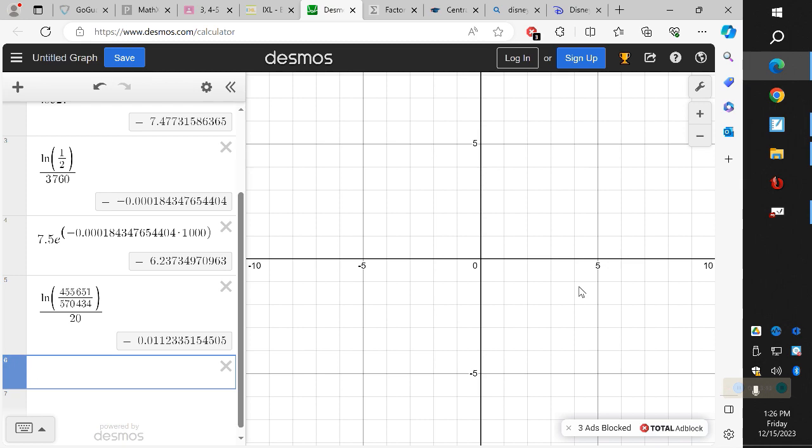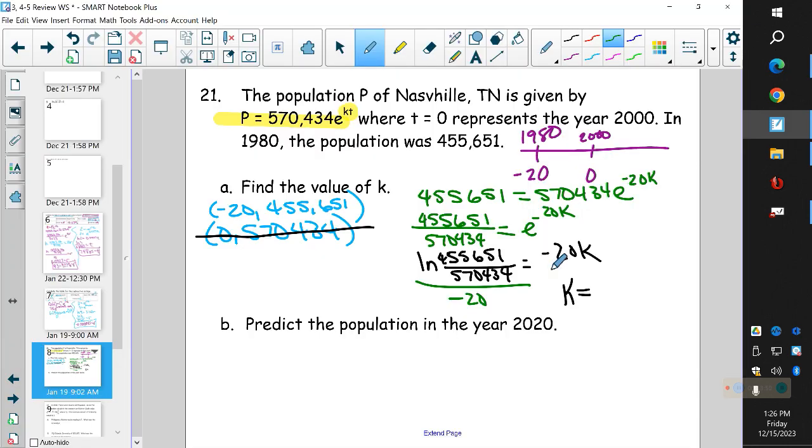So in the last 20 years, if we look at this documentation and we look at just these 2 years that they gave us, the exponential model is the population is about increasing 1% every year. Does that make sense? That's the rate at which it's increasing. So I'm going to have 0.01123. That is my rate at which it's increasing.